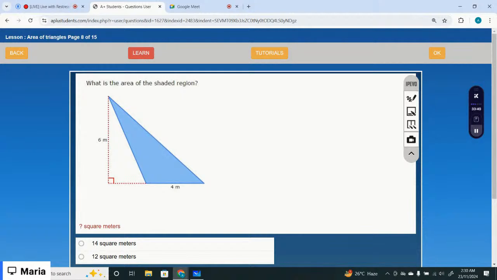That is 6 times 4 is 24, half times base times height. So that is 12 square centimeter.